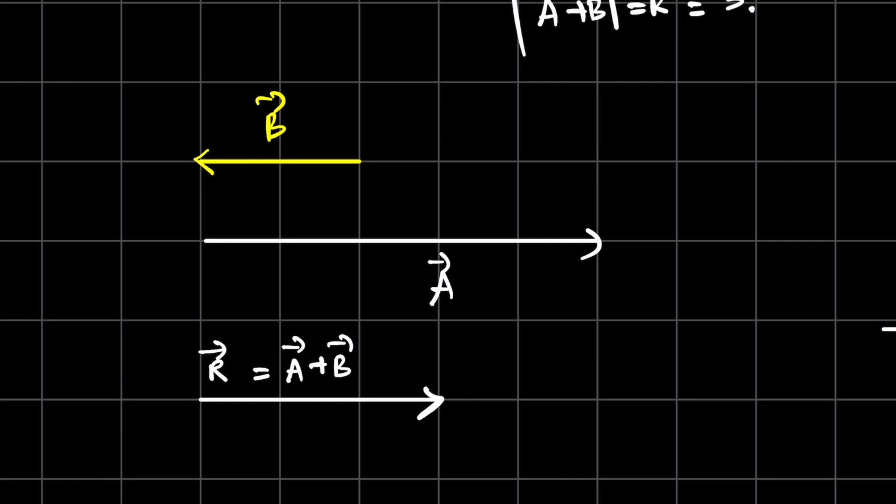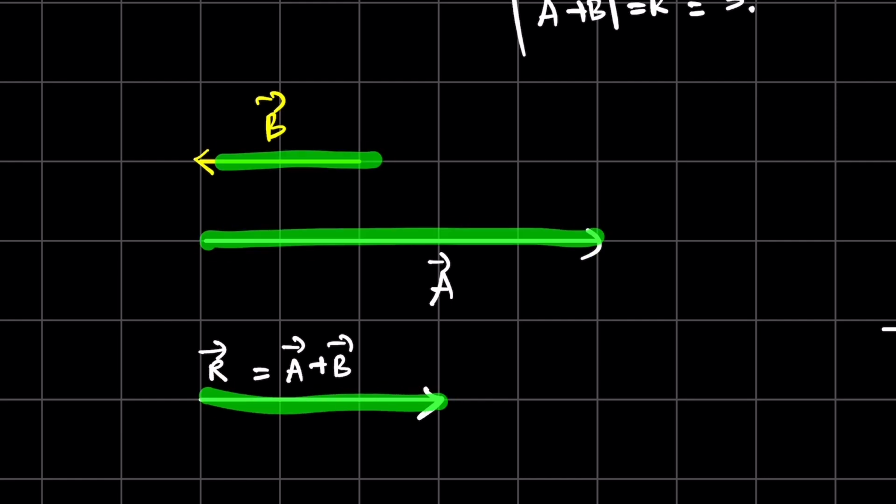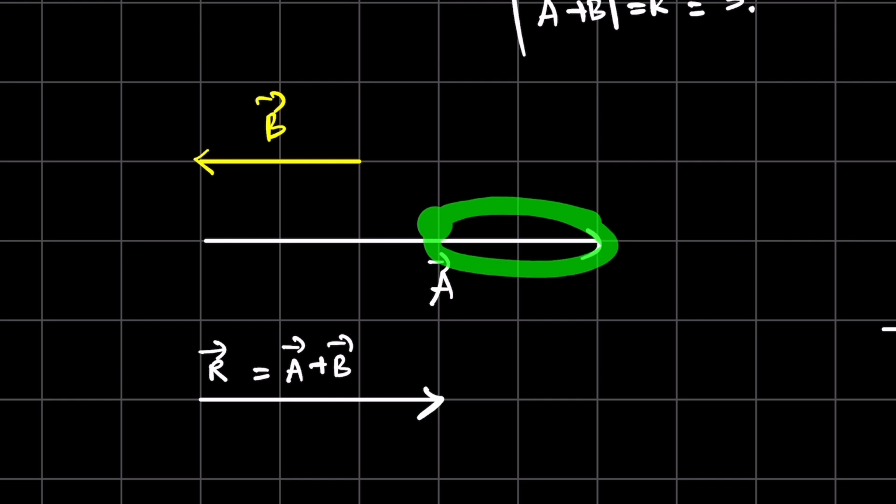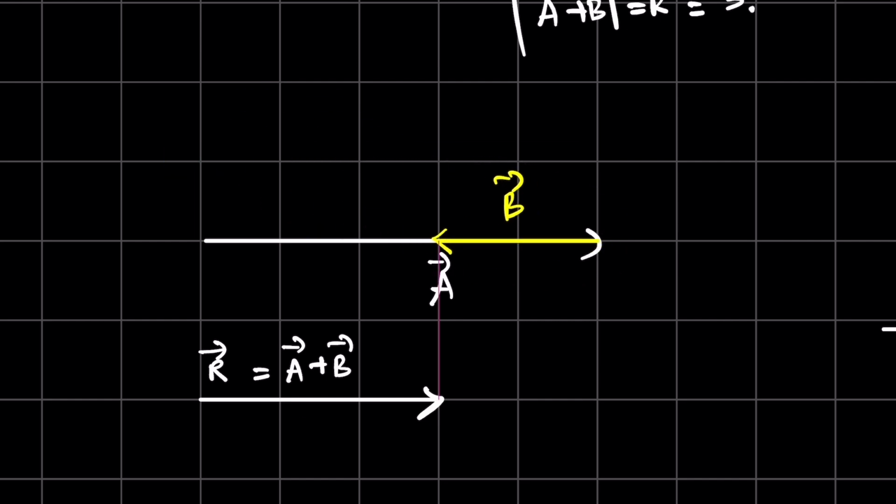A is 5 and B is 2, and the resultant is 3. They cancel out in opposite directions.